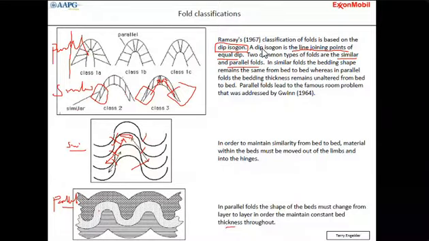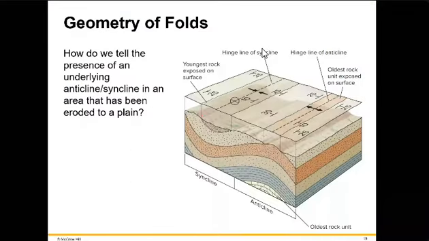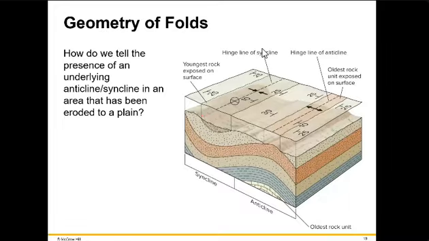Now, where does all of this matter? We've talked about five criteria for the classification of folds. Now, let's say you go into a terrain where you had no clue as to the orientation of the beds, and that is because the beds have been eroded, leaving behind what you now see as just a series of vertically stacked beds.